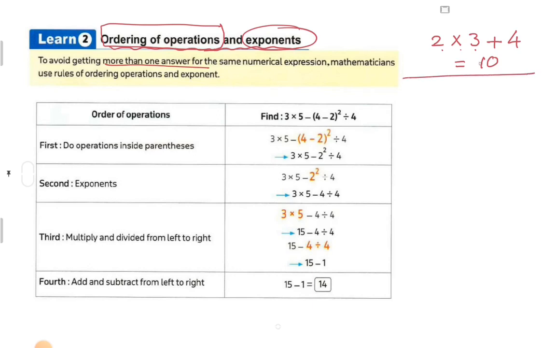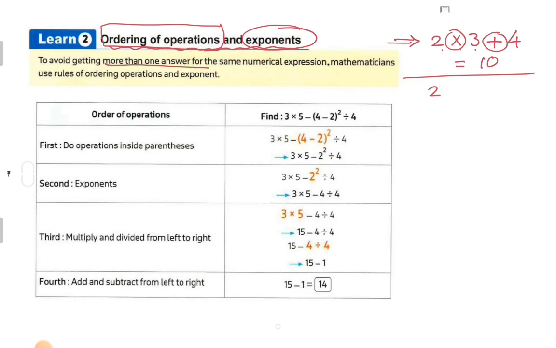If we do our order of operations, first we do parentheses. We have no parentheses here, but we have multiply and add. We start with times and divide from left to right, then plus or minus from left to right. But here it's okay.